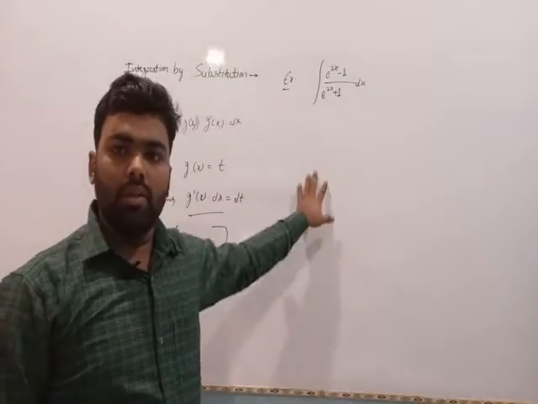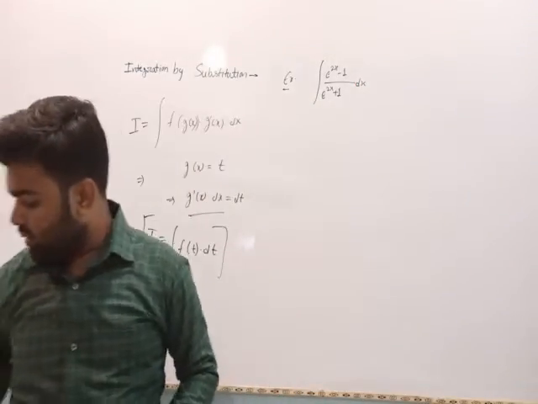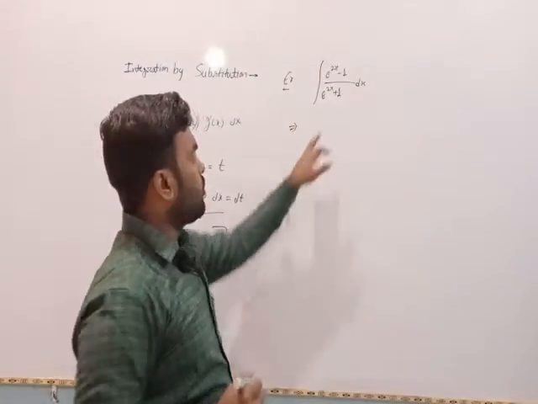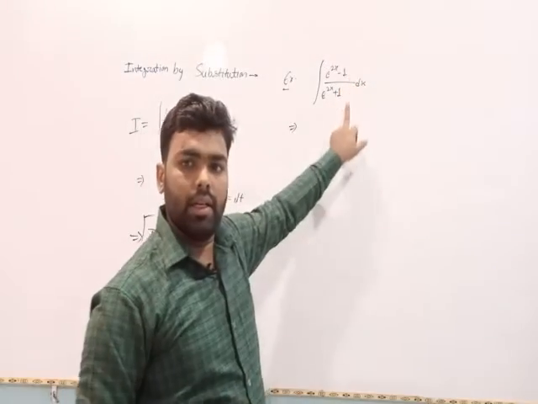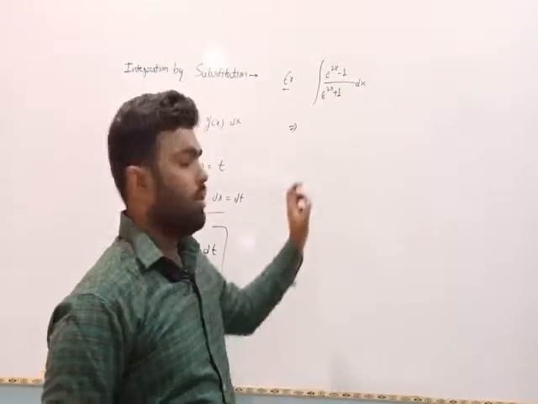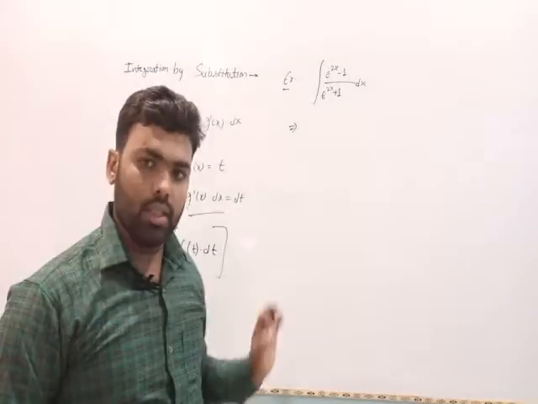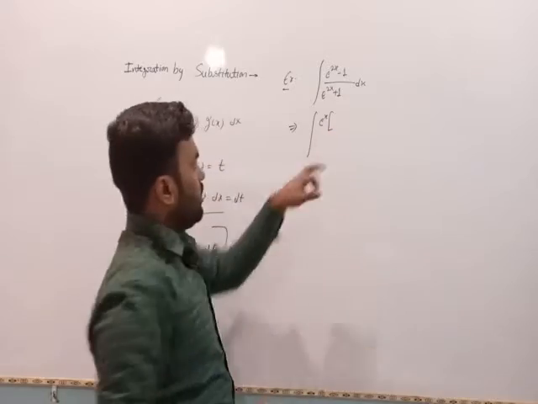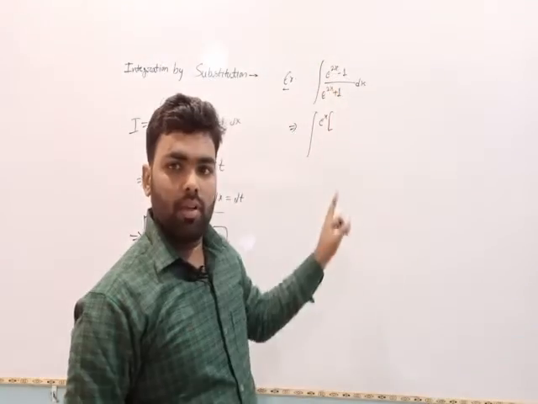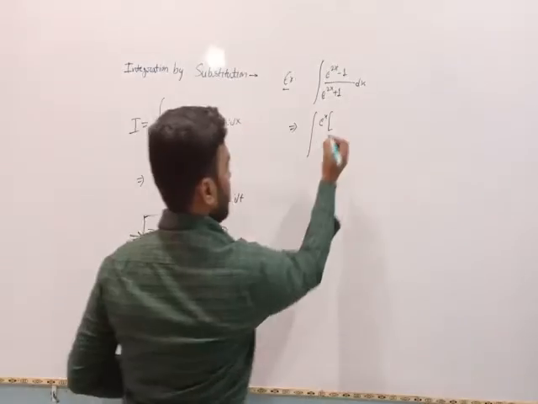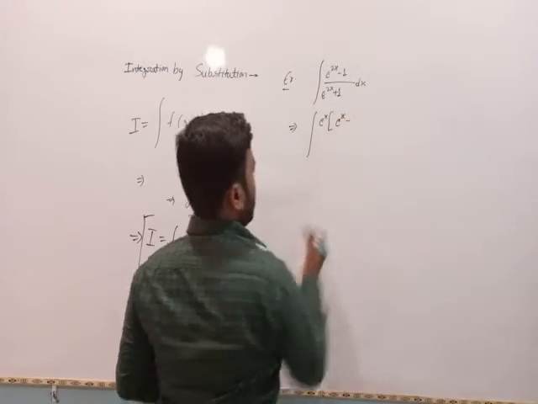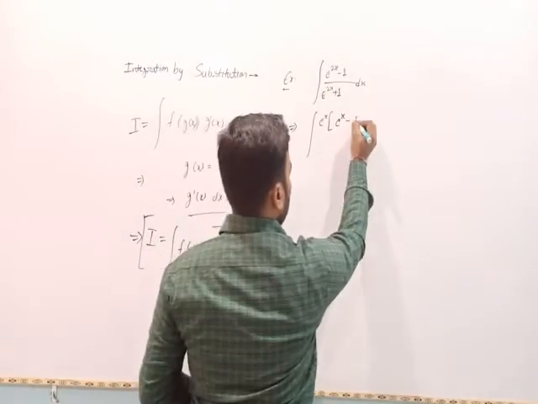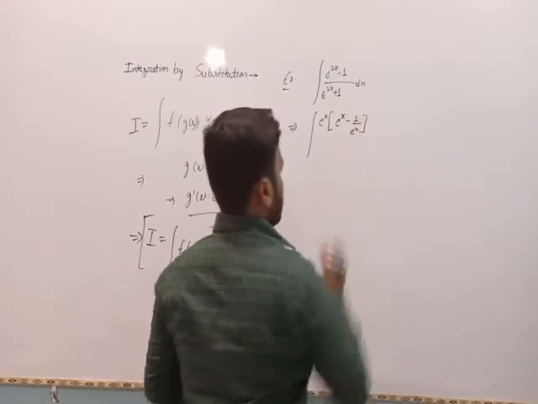Then what we will do, we will take e to the power x common in the numerator and in the denominator, so that we can substitute t. If we take e to the power x common, then from e to the power 2x powers will be subtracted, so this will become e to the power x, and in place of 1 this will become 1 upon e to the power x.